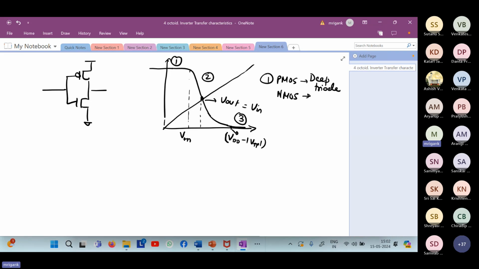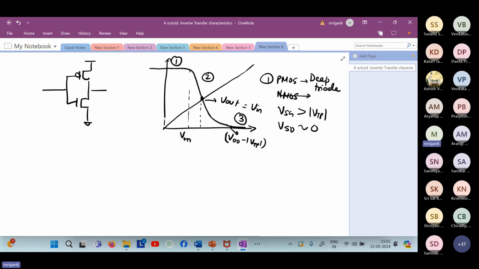Because VSG is greater than mod VTP, first of all, because the input voltage is 0 or much lower. As a result, VSG of the PMOS is greater than mod VTP, and VSD is close to 0, because close to the origin it is very small.